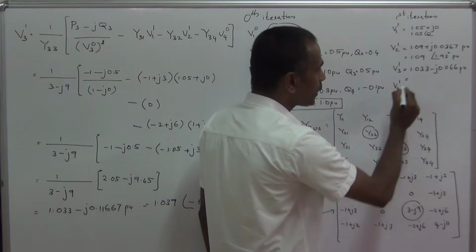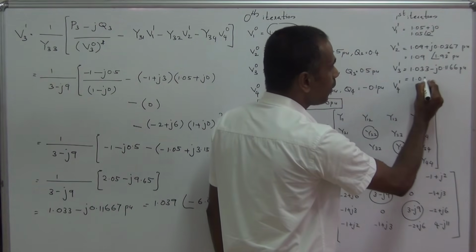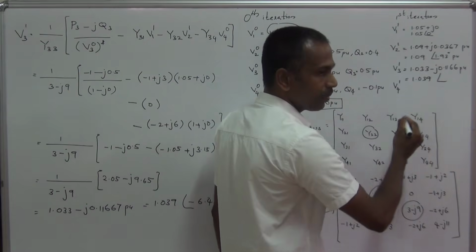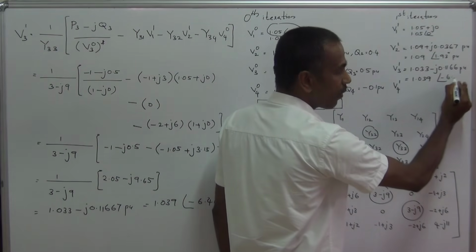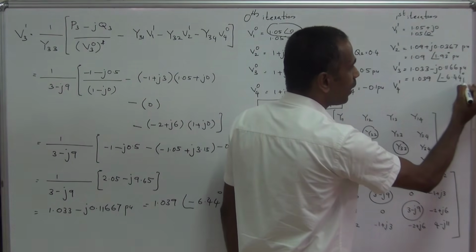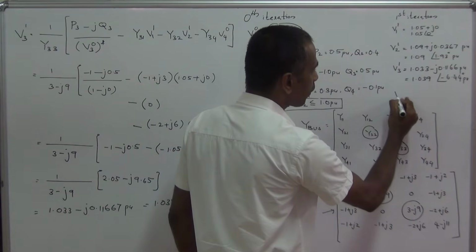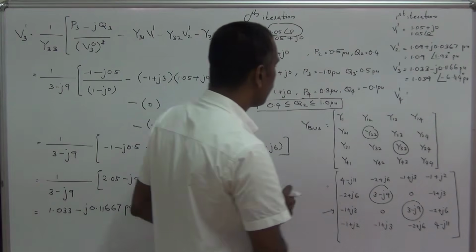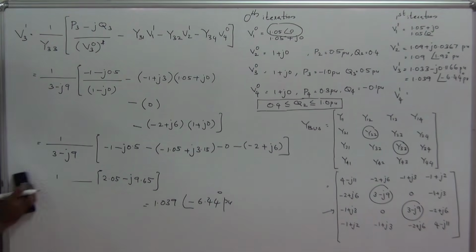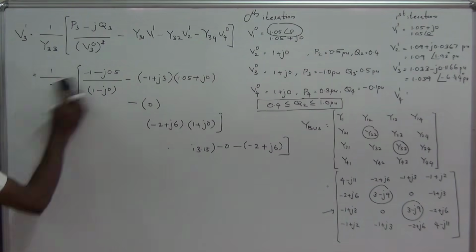In the polar form, this is equal to 1.039 angle minus 6.44 degree per unit. Now let us find out V4, the fourth bus voltage in the first iteration.